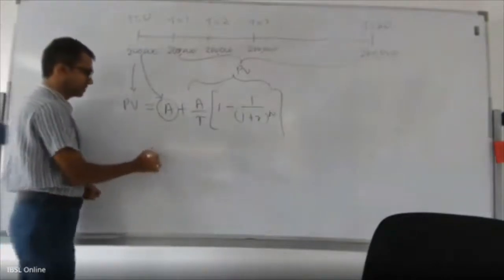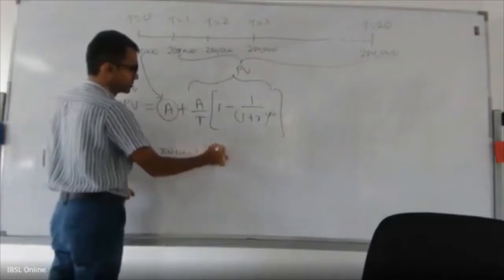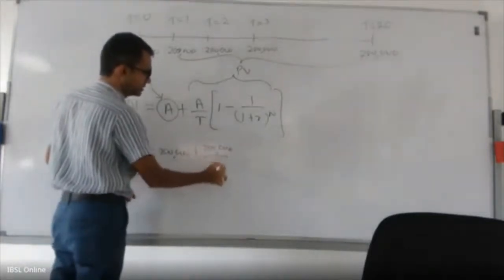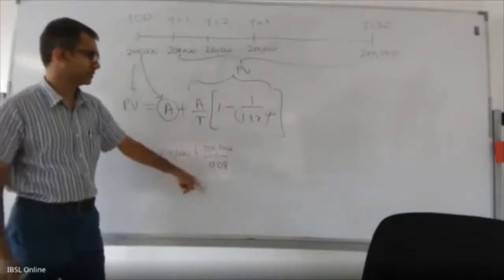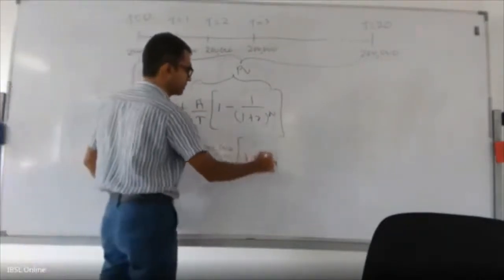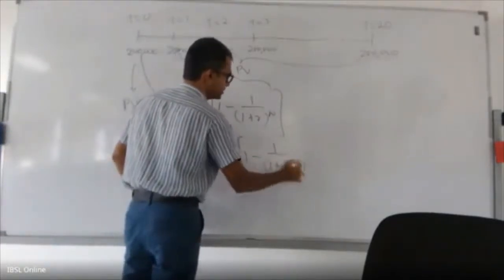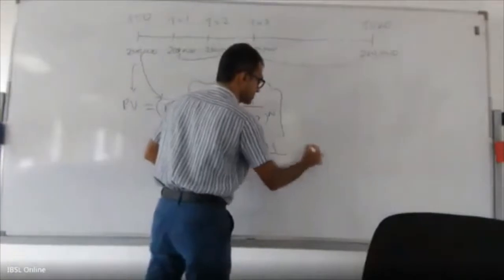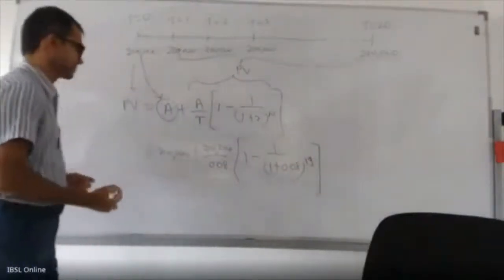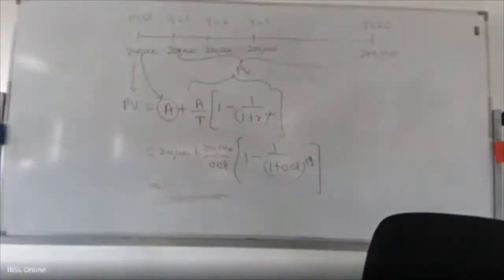So you plug the numbers here, 200,000 plus 200,000 divided by 0.08. Remember this, it's given as 8%, you cannot write 8 here. 1 minus 1 plus 0.08. Now what is N? 19. Then the rest is up to the calculator.